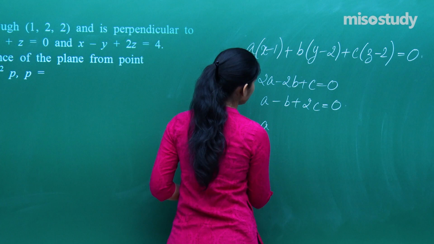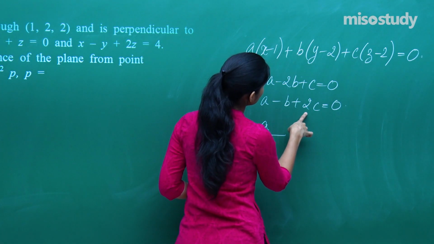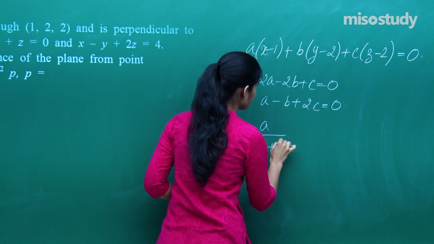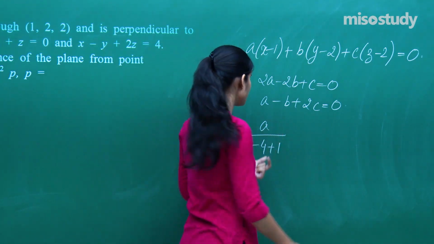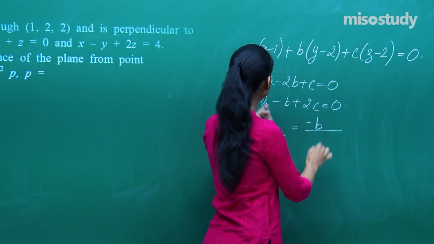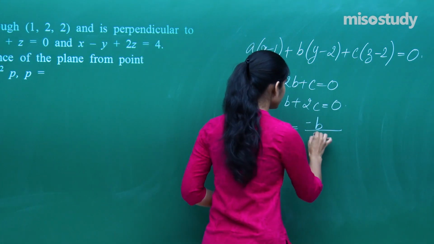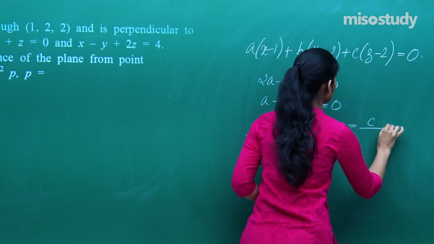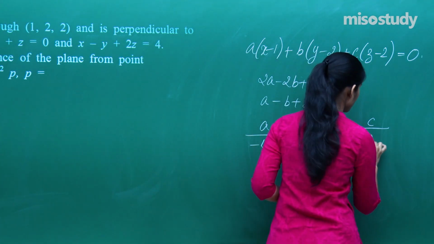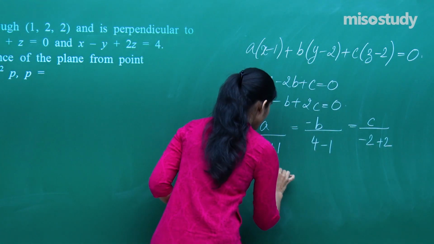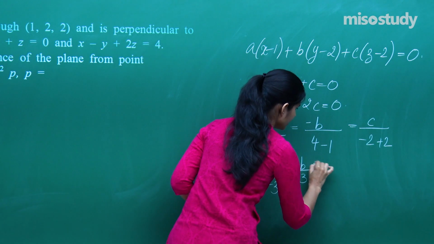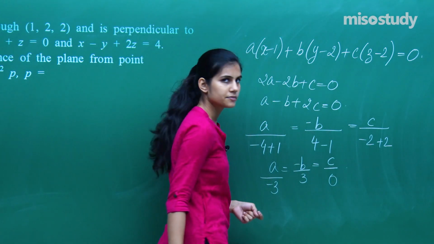From here you get A upon (−4 + 1) equals −B upon (4 − 1) equals C upon (−2 + 2). So you get A upon −3 equals −B upon 3 equals C upon 0. Right?